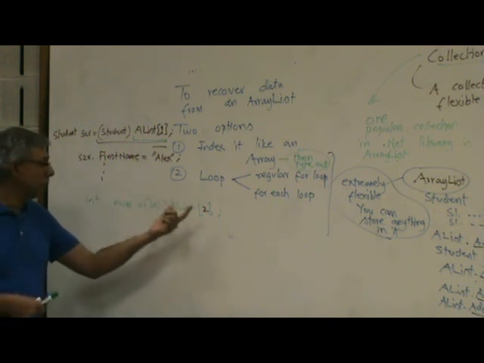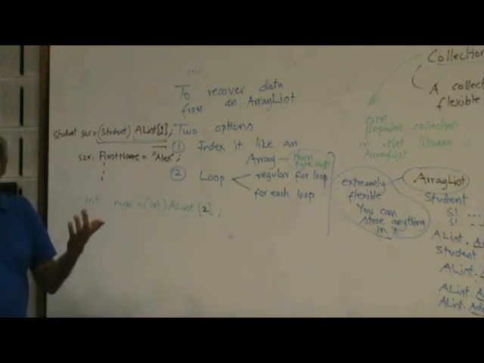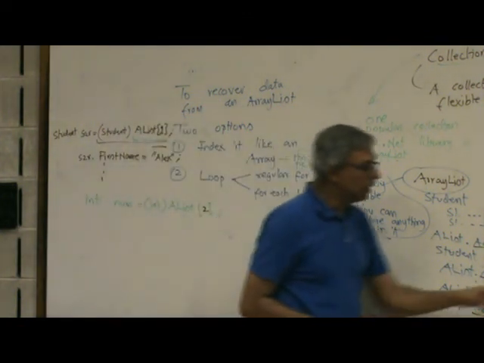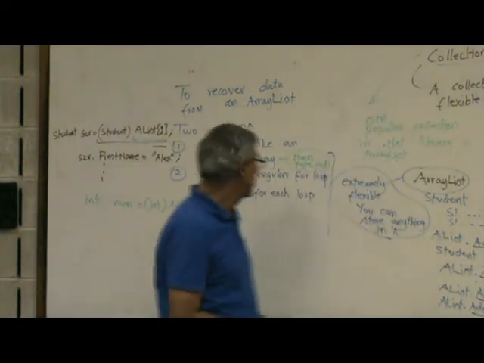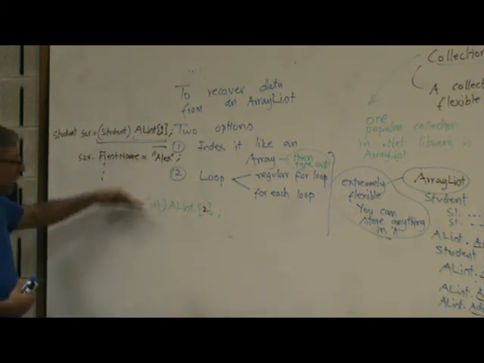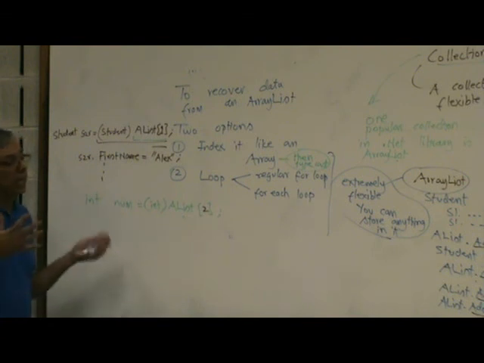For a compiler, sure, anytime you read an object, you can convert it to whatever data type you feel like. But what are we reading from a list of 2? A string. Can a string be converted to an int? No. So what will happen if you try to run this program? A runtime error will occur. It will say, I cannot convert a string to a number.